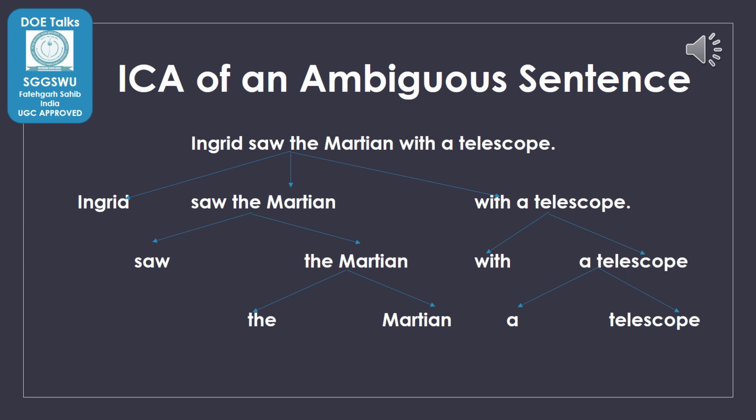Saw the Martian will be divided into verb saw and noun phrase the Martian, carrying determiner the and noun Martian. With the telescope, with will be divided first of all as a preposition, and then we will be left with the noun phrase a telescope, which carries determiner a and noun telescope. So here in this IC analysis, Ingrid is carrying a telescope, right?